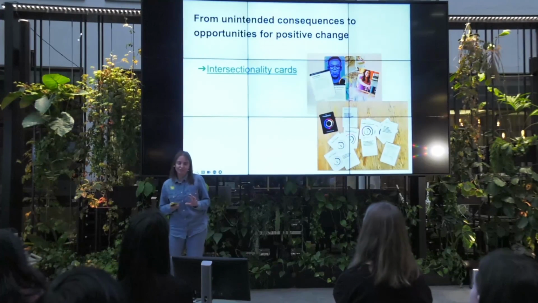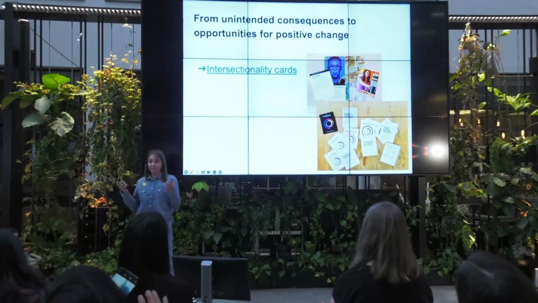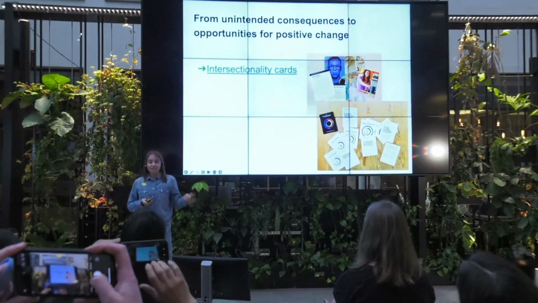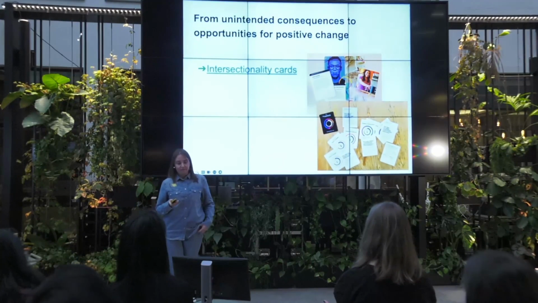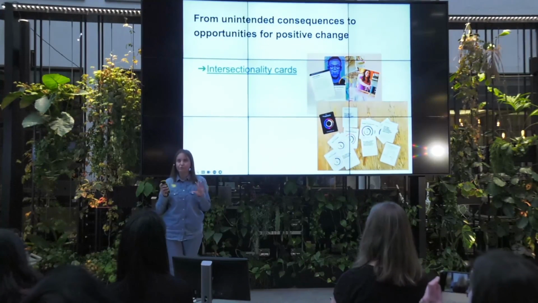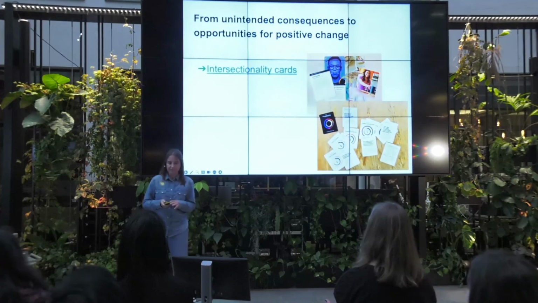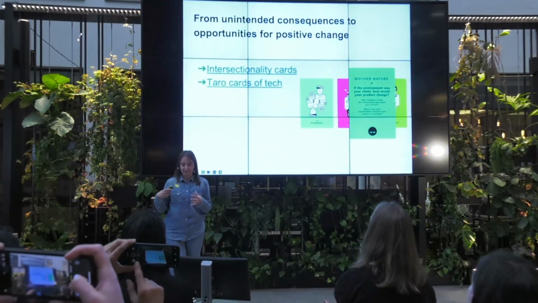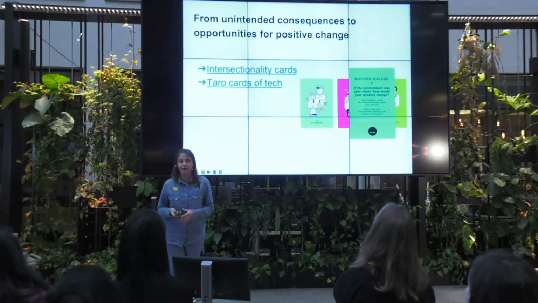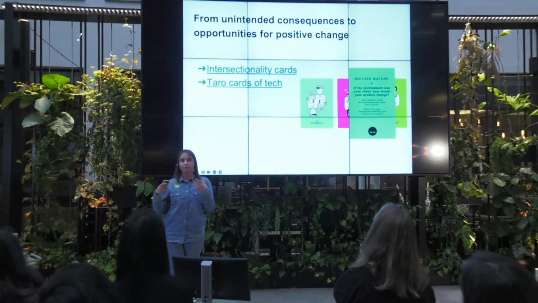I want to share a few tools that I have found useful, maybe a way to start. Intersectionality cards is a very good one, where you have different points of view and questions to think about as a team. It's the tarot cards of tech. Again, a really good one. It has some extreme scenarios you can think about, but also non-human personas. For example, Mother Nature.